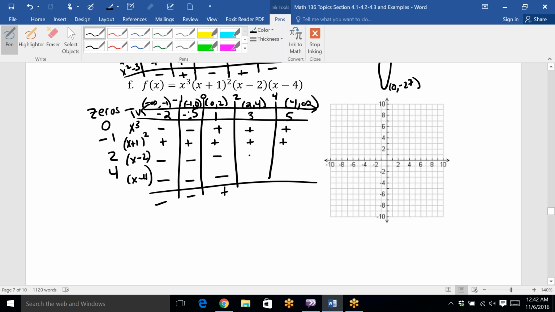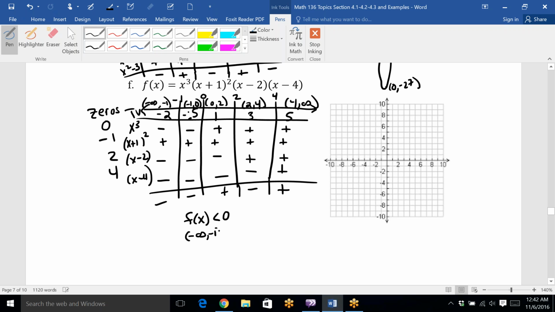And then we'd have a positive and a negative, which is an overall negative. And then the last group would have both of these being positives as well, so the whole thing would be a positive.